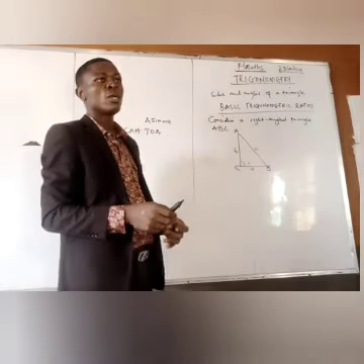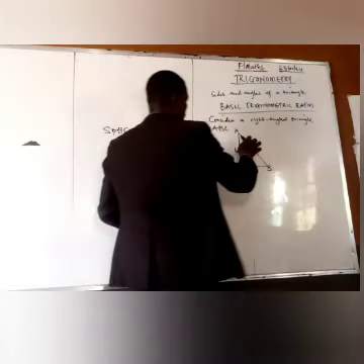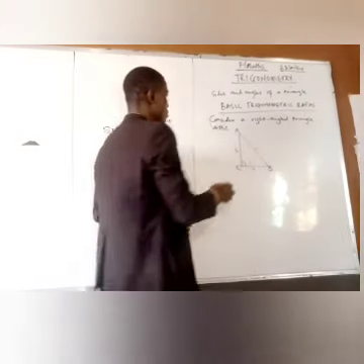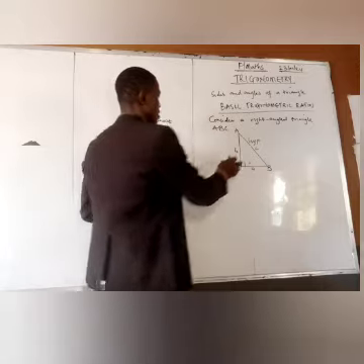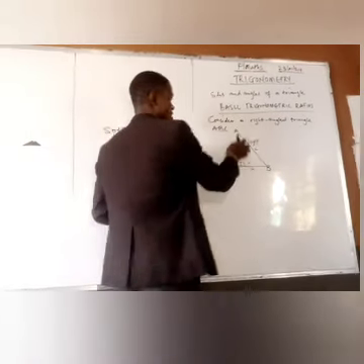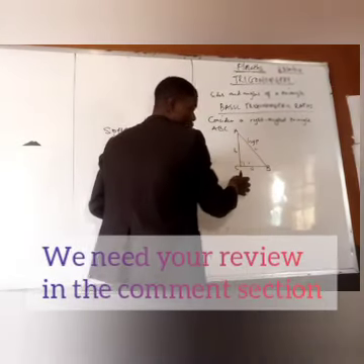Are we good? Yes, sir. Now, if you have a right-angled triangle, there is a name this line is called. What is that name? Very good. So this is our hypotenuse, and this is called what? So why is this one opposite?